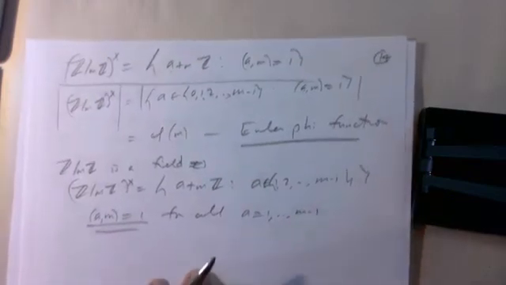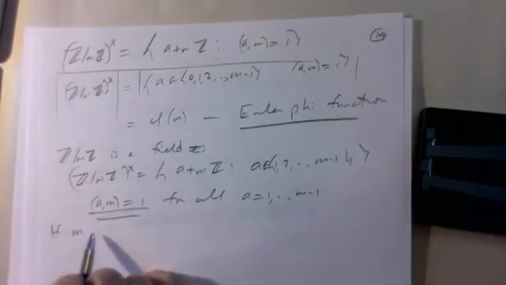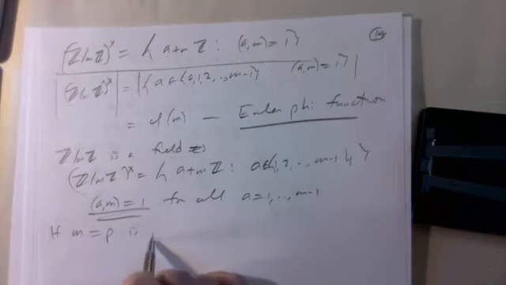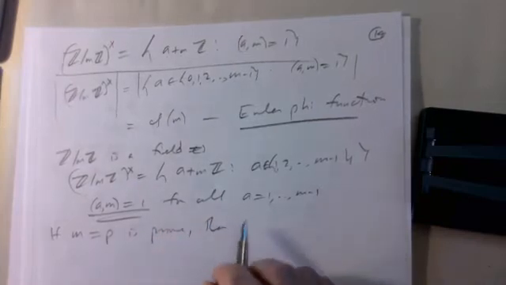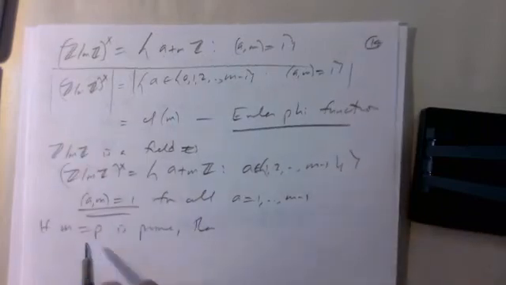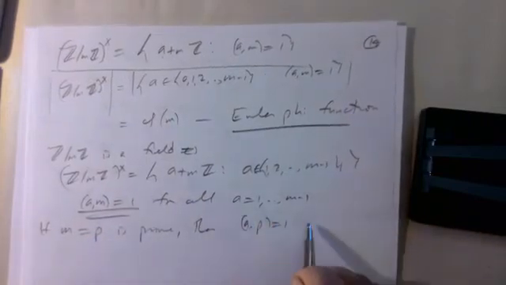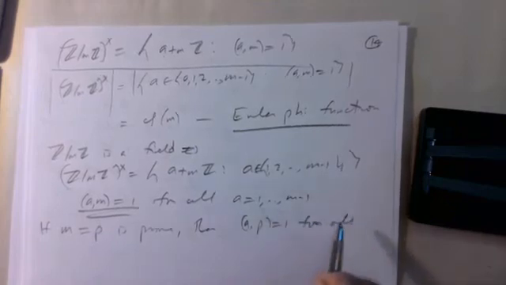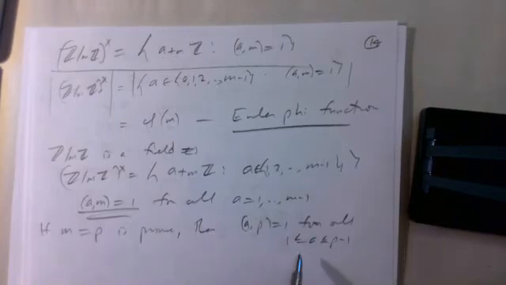And when does this happen? Well, if M equals P is prime, then all the numbers from 1 to P minus 1 are relatively prime to P. If A is between 1 and P minus 1, it can't be divisible by P. It's not big enough.